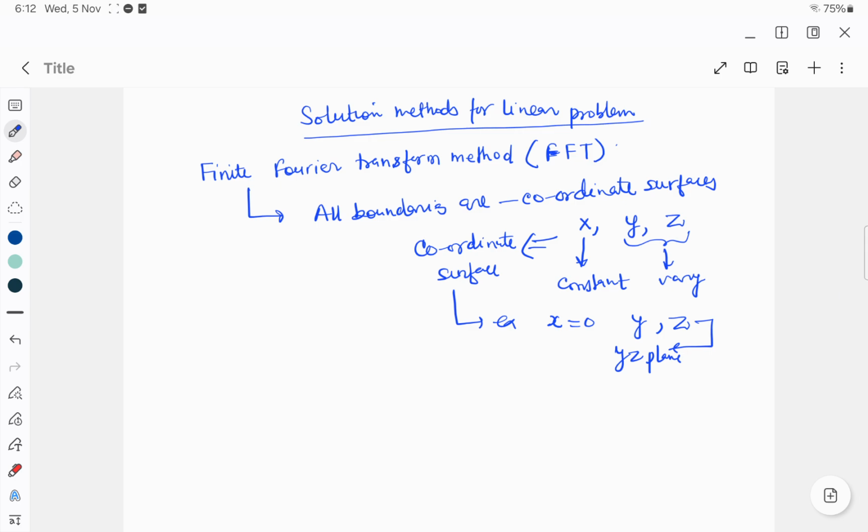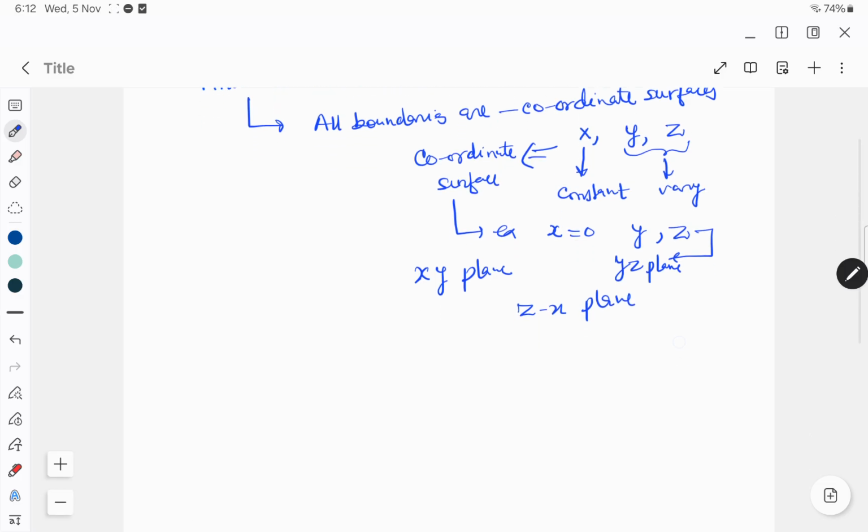Similarly, the next boundary could be the XY plane, the YZ plane, or the ZX plane. So the boundaries are either XY, YZ or ZX planes, or parallel to those planes.